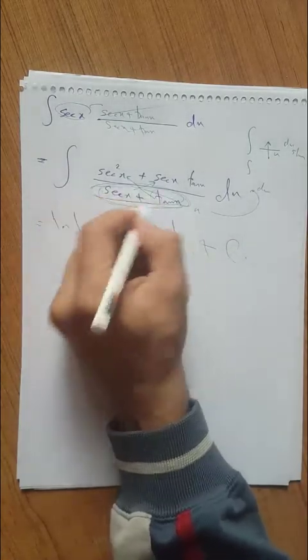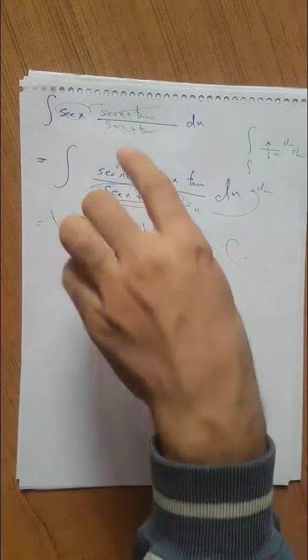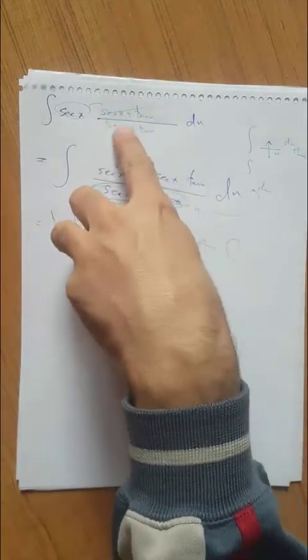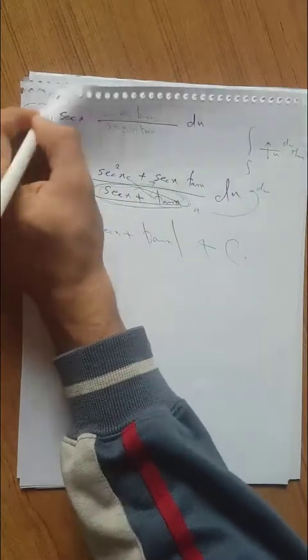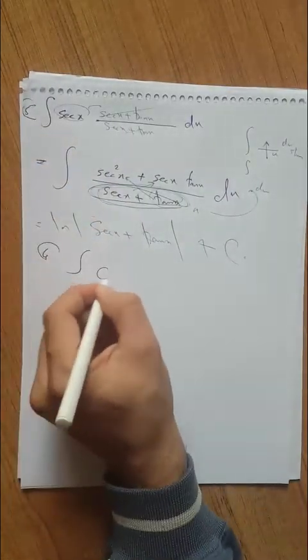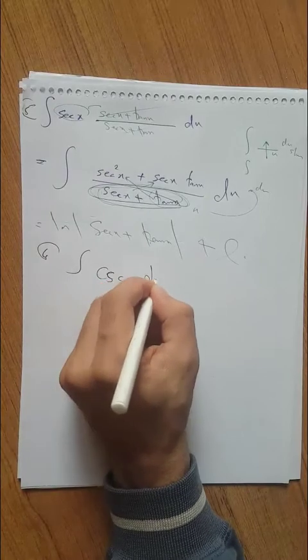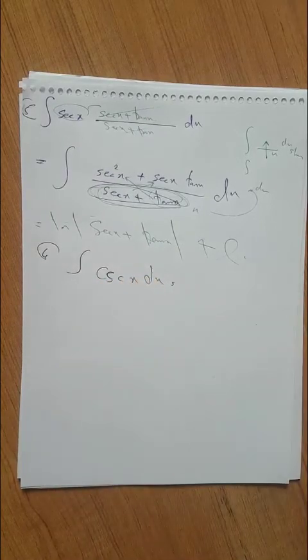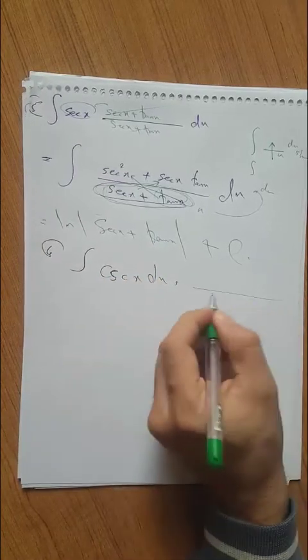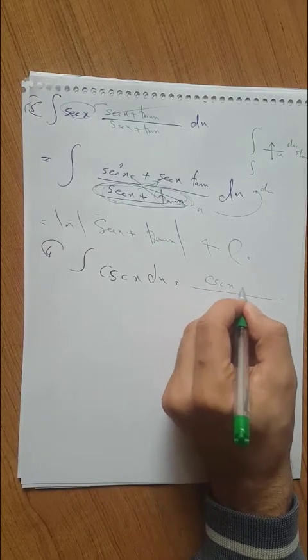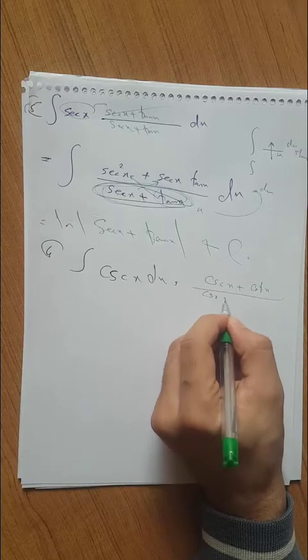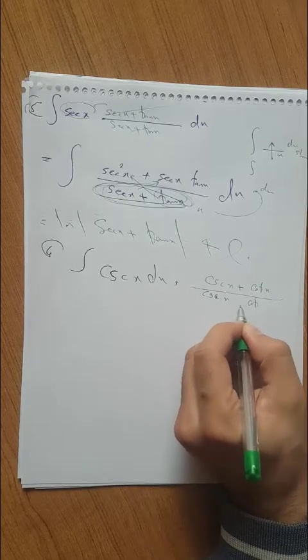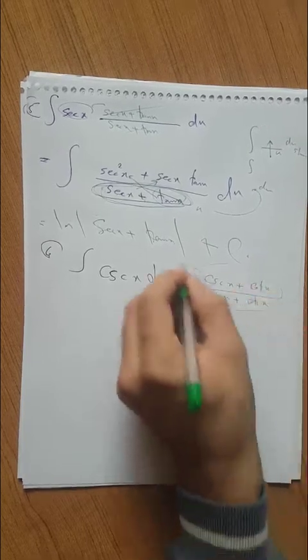So this is a really tricky way, because before you multiply by this one you cannot get the result. How about number 6? If I have cosecant x dx, you should multiply by cosecant x plus cotan of x over cosecant x plus cotan of x, and then you have the same steps.